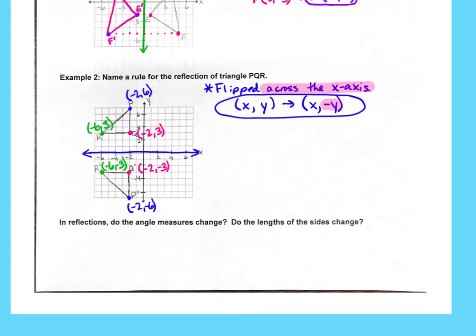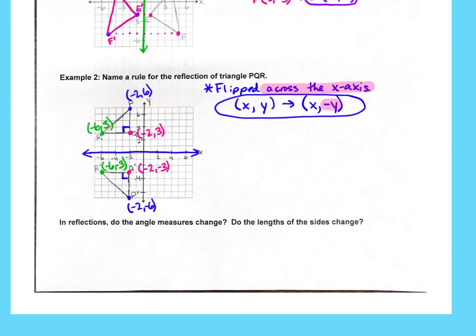Okay, so one last quick question. In reflections, do the angle measures change? Well, we can tell by looking, for example, in the problem that we just did, example 2, that angle Q started as a 90-degree angle. Angle Q prime is still a 90-degree angle.